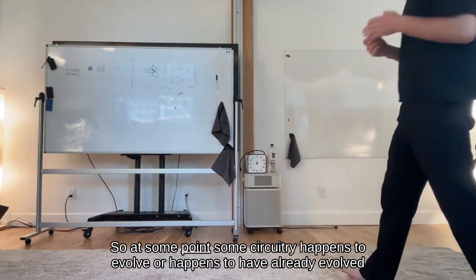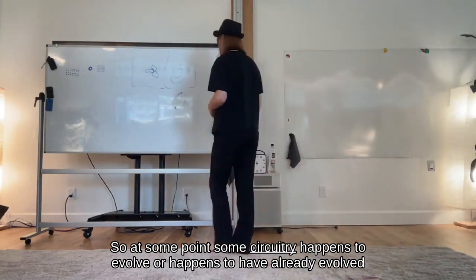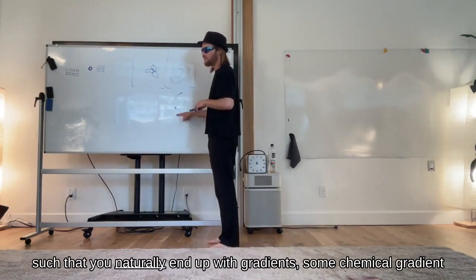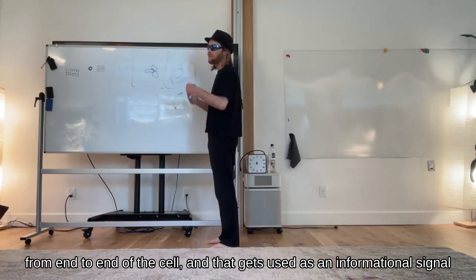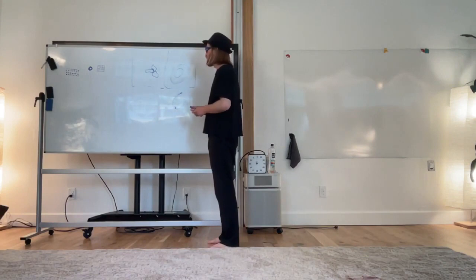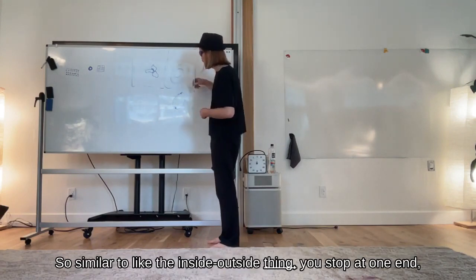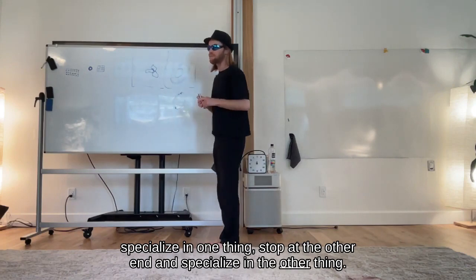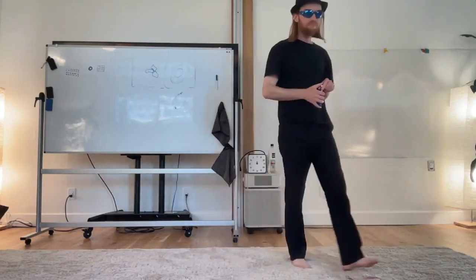So at some point, some circuitry happens to evolve or has already evolved, such that you naturally end up with some chemical gradient from end to end, and that gets used as an informational signal for specialization. Similar to the inside-outside thing, you have stuff at one end specialize in one thing, stuff at the other end specialize in the other thing. Okay.